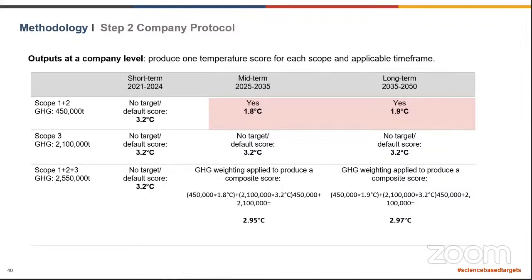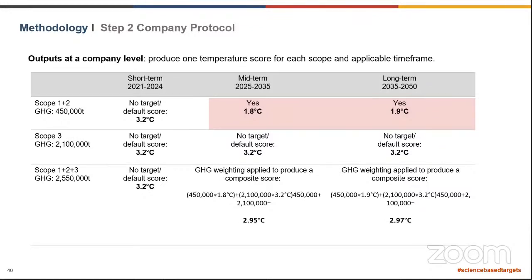scopes and timeframes. In this example, the company has set only 2 targets. They have mid-term and long-term targets on scope 1 and 2, and they are respectively scored at 1.8 degrees and 1.9. But for all other timeframes and scopes, so all scope 3 targets, there's no target available, so we give it a 3.2 degree default score.